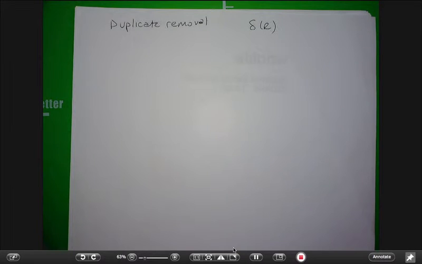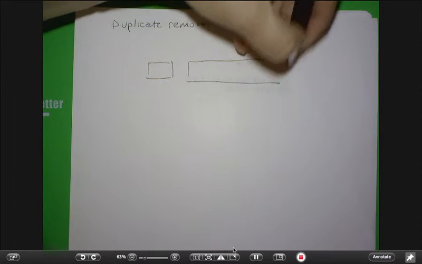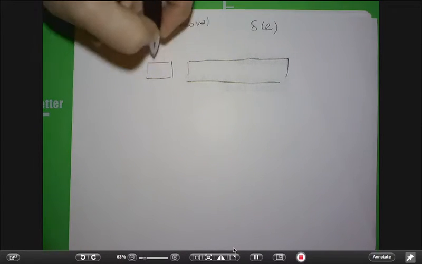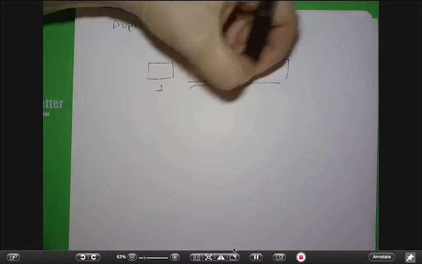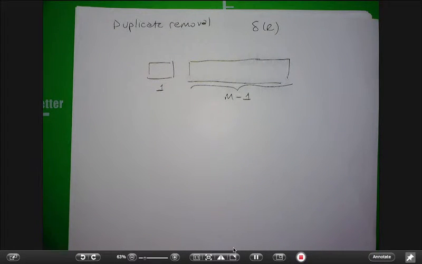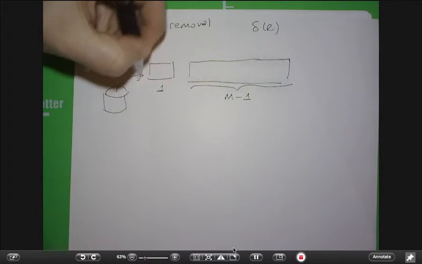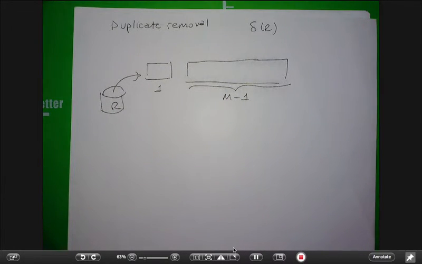So what I'm going to do is split my M buffer pages into one buffer page and M-1 buffer pages. This is for my input, so read R one page at a time.